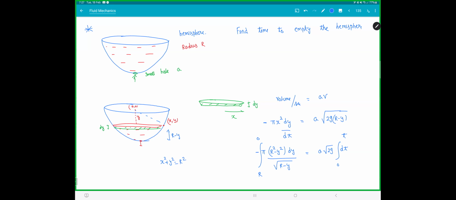Is that making sense to you? You can simplify this. You can write r square minus y square as r plus y into r minus y. When you cancel the root, you will get something like root over r plus y into r minus y. Then there's a way to integrate this thing. So don't worry about that part. Is this clear?